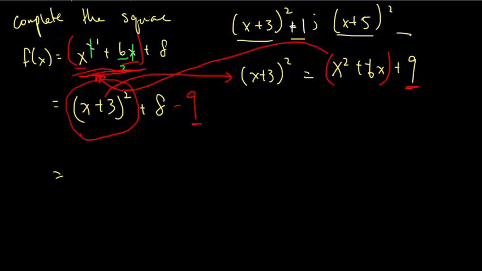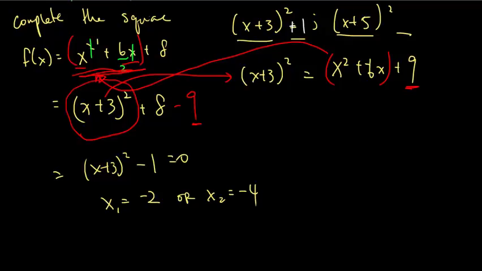So what would this be? That would be x plus 3 squared minus 1 equals 0. If we solve this, x1 equals negative 2, and x2 would be negative 4.